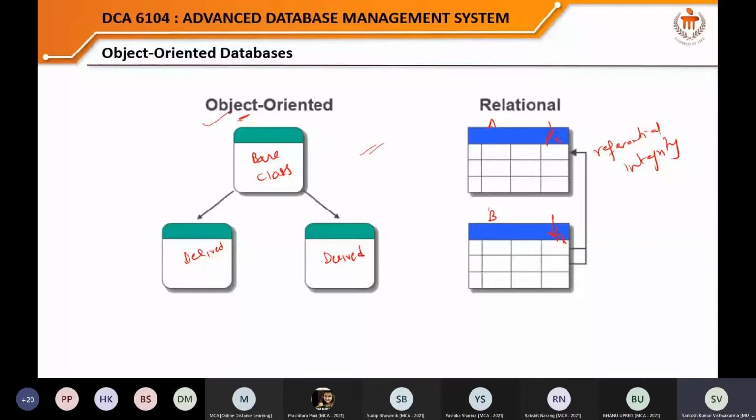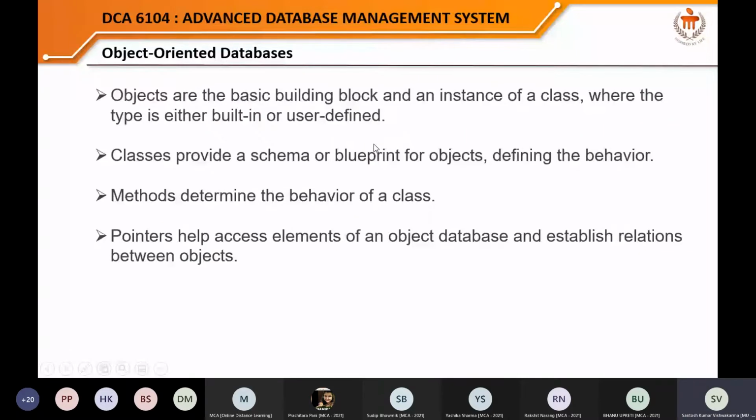So let us define: objects are the basic building block, as you can see in the slide, an instance of a class where the type is either built-in or user-defined. Classes are the blueprint for objects, defining the behavior. Third is methods, which determine the behavior of a class. And there may be pointers. Pointers help access elements of an object database and establish relations between objects.